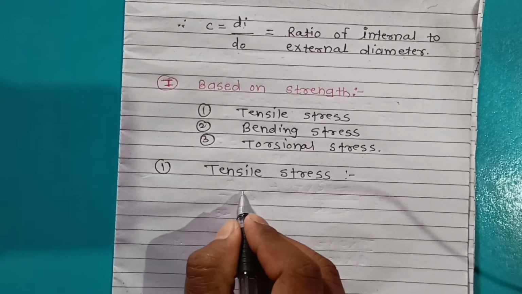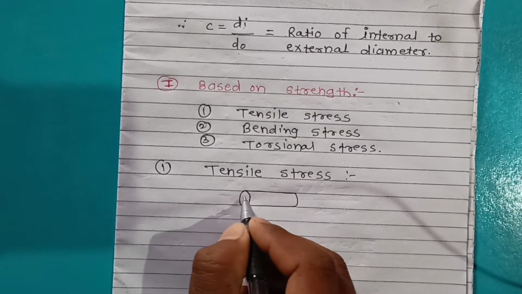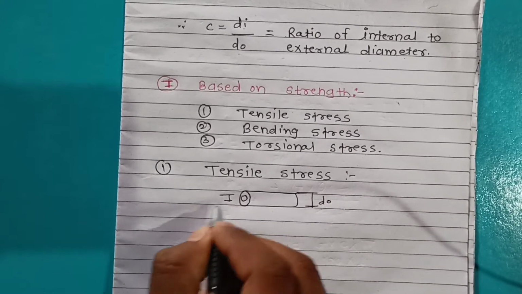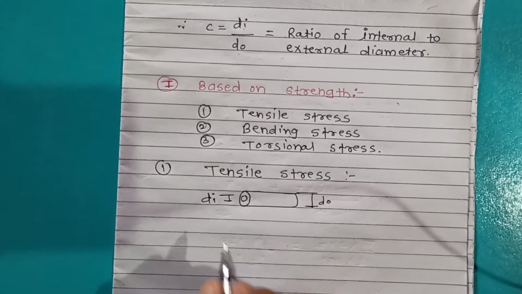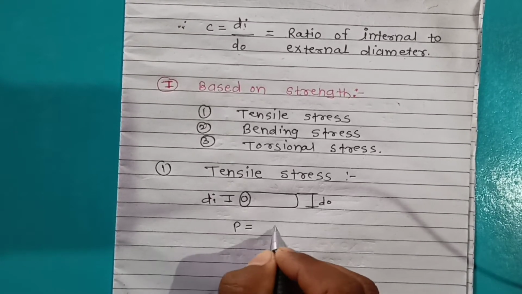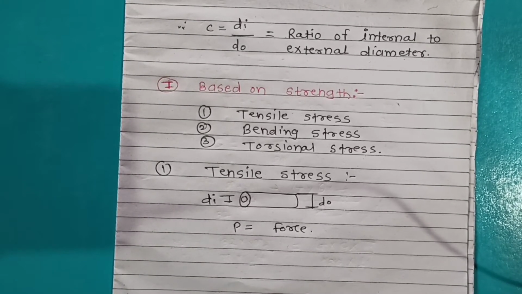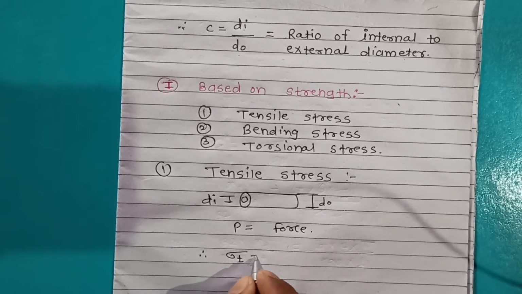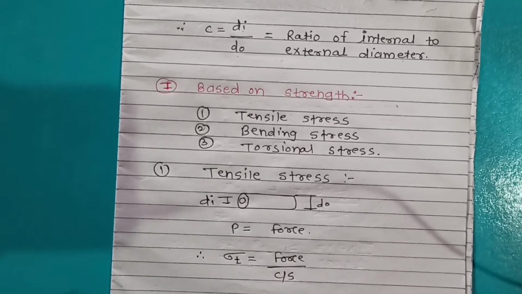Now I am considering one hollow shaft. On the hollow shaft, the external diameter is DO and the internal diameter is DI. On the hollow shaft, P amount of force is applied on both sides. It is under tension. Now the tensile stress is defined as the ratio of applied force divided by cross section area.